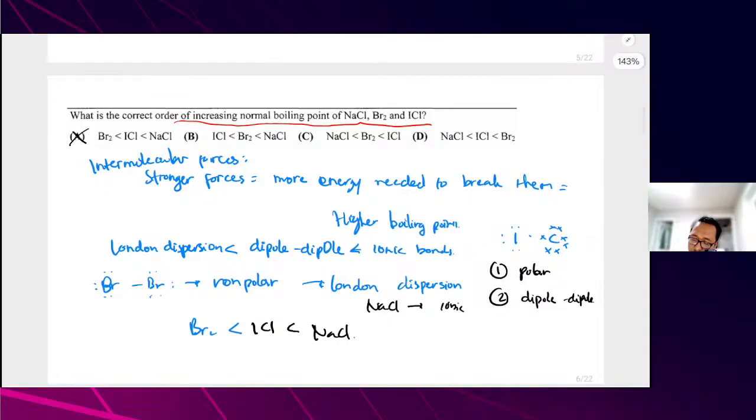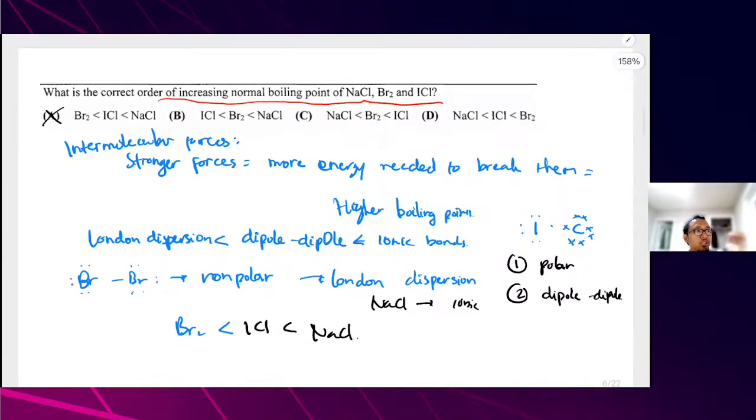Just quick information: intermolecular force is the attraction between different molecules, not within them. They don't make molecules, but they hold them together in liquids and solids. The stronger the intermolecular force, the higher the boiling point.